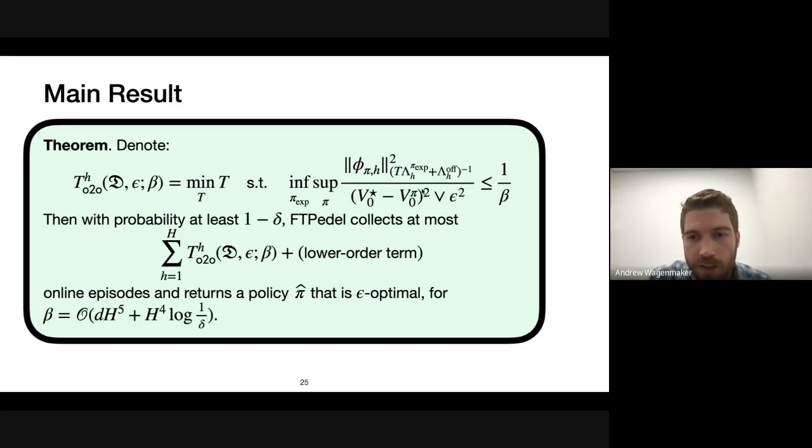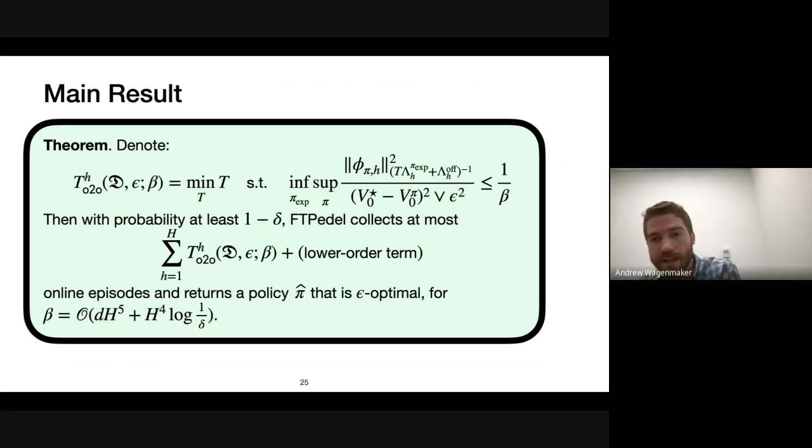To meet this condition, you need to have more coverage. You need to make the covariate smaller for policies that are really good. If pi is really close to pi star, this gap will be really small. To ensure that this whole fraction is less than 1 over beta, you need a lot of coverage of the combined offline and online data in this direction.